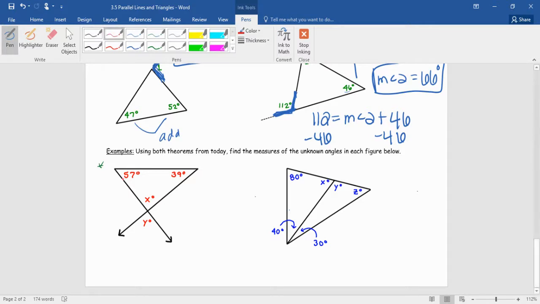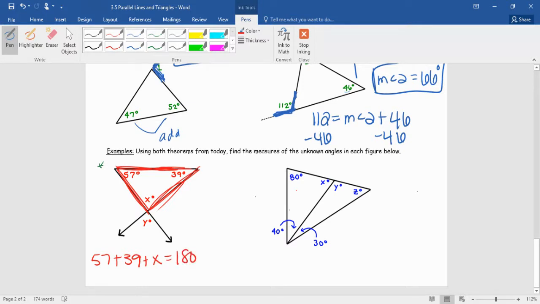Okay, so in this first one, I'm going to kind of ignore this y down here to start with, and I'm just going to look at this triangle right here. And since it's a triangle, we know that the angles have to add up to 180. So this 57-degree angle plus this 39-degree angle plus whatever x is going to be 180.